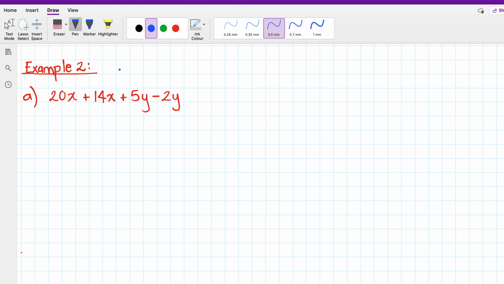And you're going to highlight, or underline, in different colors, the like terms. So I'm going to start with 20x. Which one is a like term with 20x? This one, 14x. And notice that when I underline, I'm taking this symbol that comes with that 14x, because this is the symbol that I have to add.